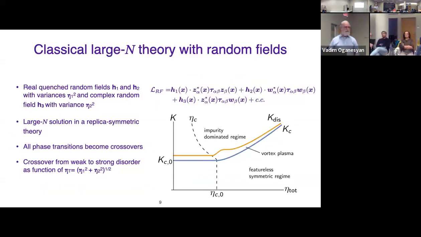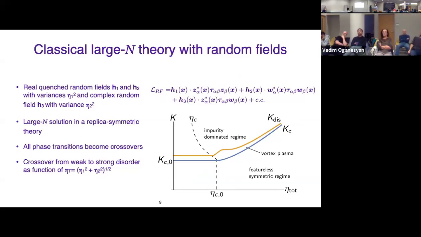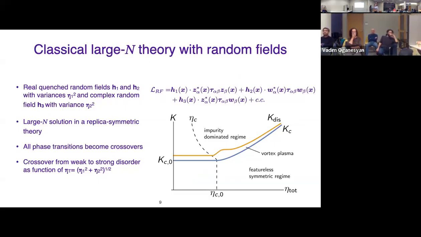Okay, now I put in the random fields, if you want. So I have this n-component complex field. I can form different types of bilinears, because I have n components and they're complex, and they transform under the UN group. And so I'm going to have here the generators of UN, which I denote by tau.